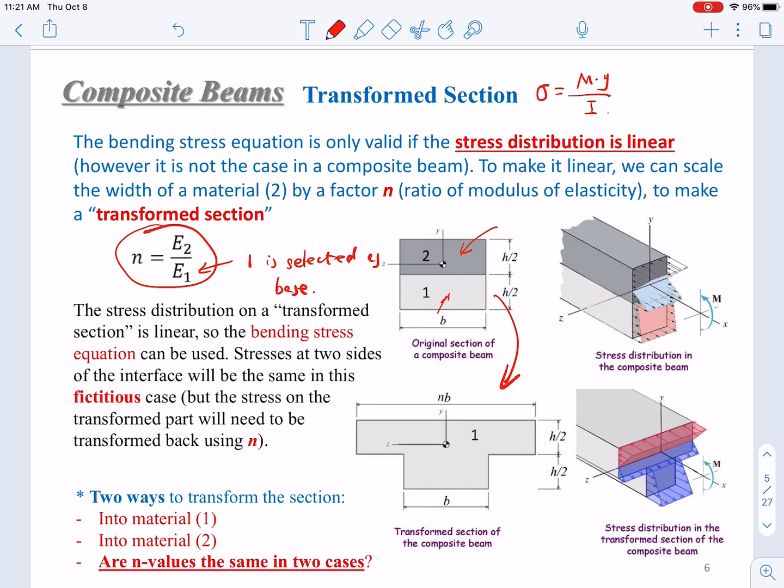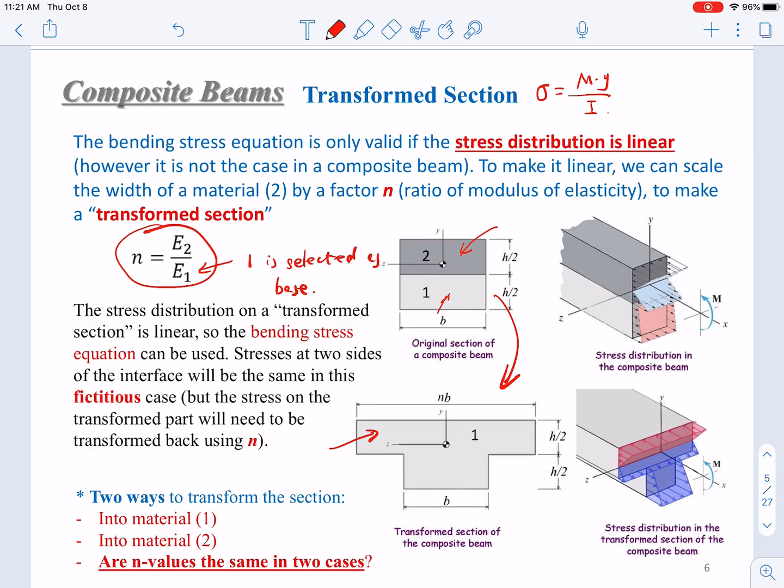As shown here, this transformed section is larger than the real section, so its actual cross section is smaller, so the stress should be larger than the calculated value. So you just multiply it by a factor n to transform it back.